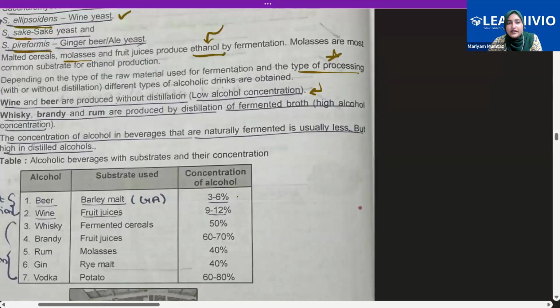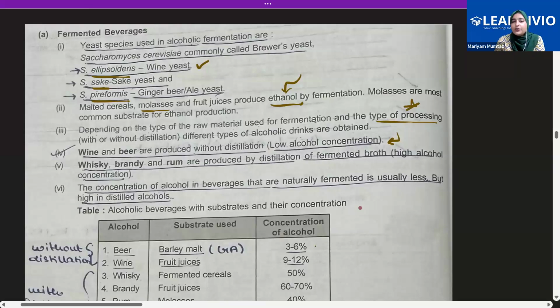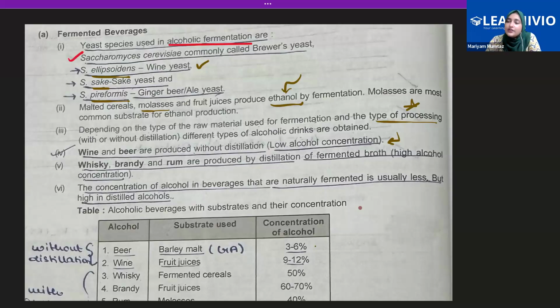So the yeast species used in alcoholic fermentation is Saccharomyces cerevisiae, which is also called baker's yeast as well as brewer's yeast. Brewer is the one who makes alcoholic drinks. There are different types of yeast species used for different kinds of drinks. The main thing is that the final product is ethanol, which is ethyl alcohol, and this is the content of the alcoholic drink.